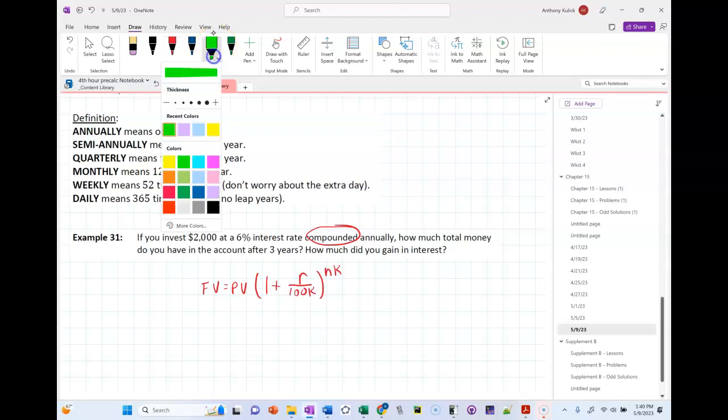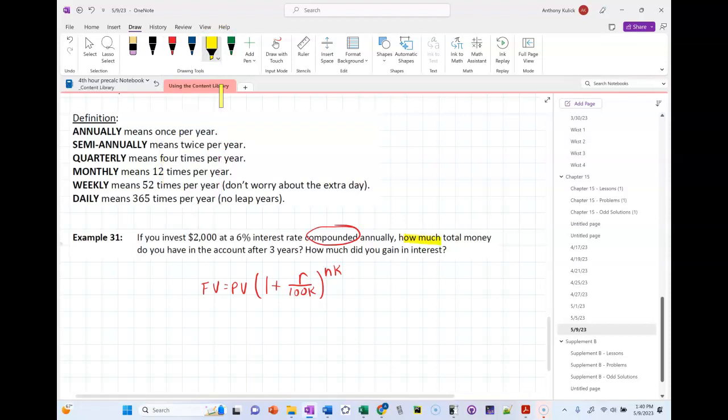Again, it's asking us how much after some amount, so we're looking for a future value. And just like before, the present value is still the 2,000. The interest rate is still 6. The N is still 3. The K now, what is the K going to be?